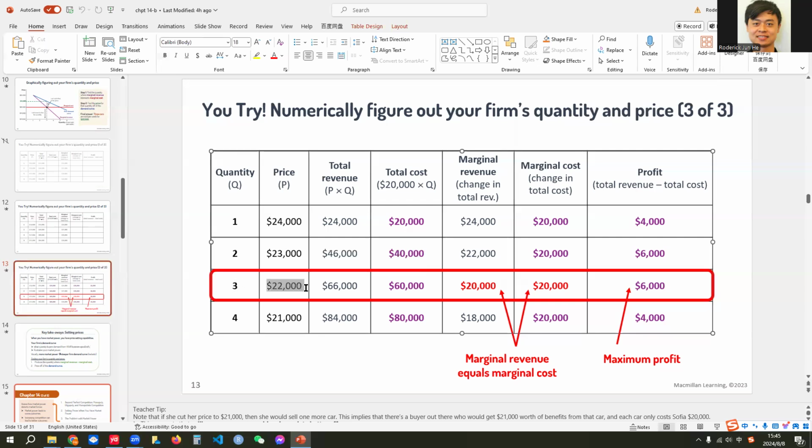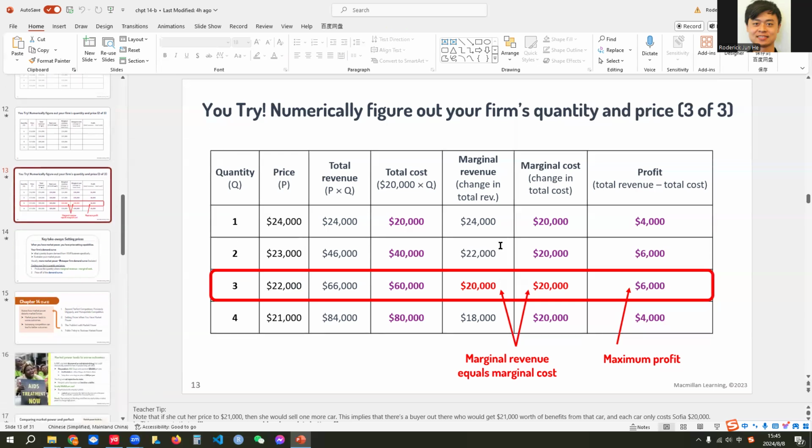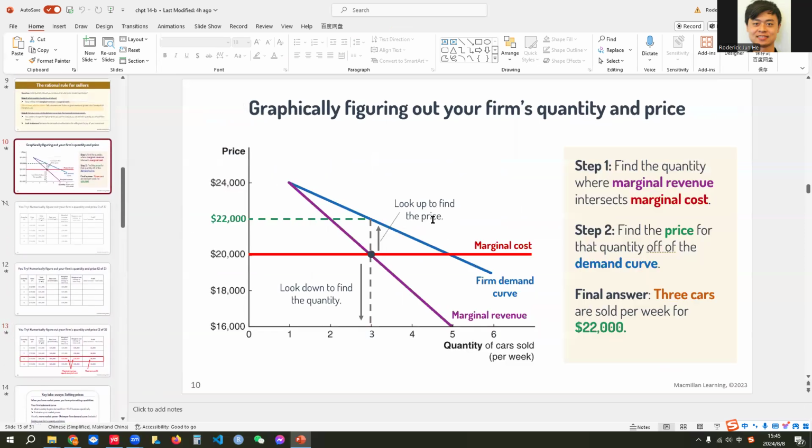And this quantity corresponds to a price level. So that's how you determine, that's how we do the entire process of finding the price that you need to charge after finding the quantity that we need to produce.